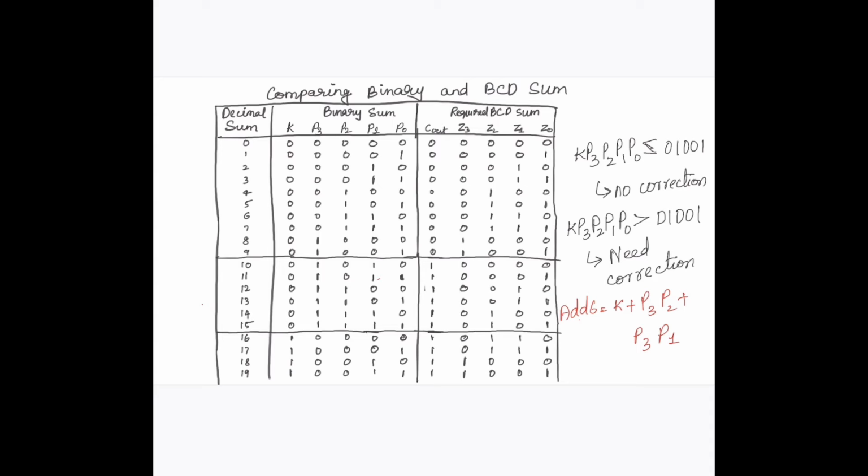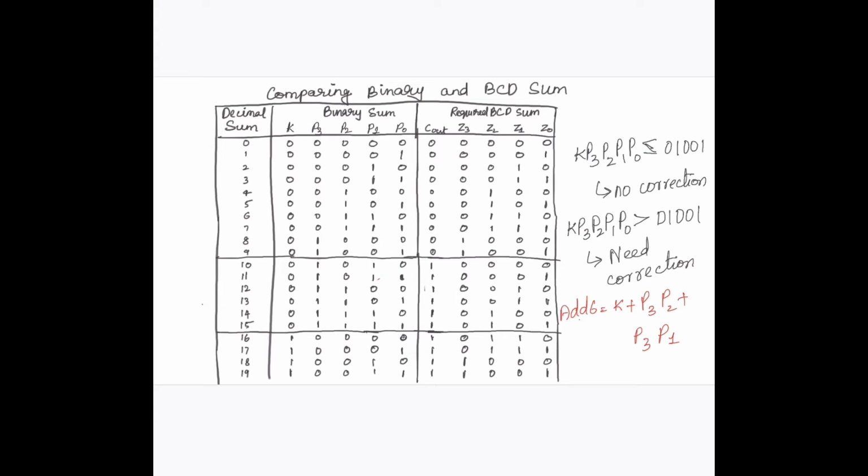When you consider here, this is the binary sum. We have written it from 0 to 19, and here you have the required BCD value. If you see the binary sum and the required BCD, it can be seen that from 0 to 9 the binary sum and the required BCD sum are the same, but from 10 to 19 the values differ.